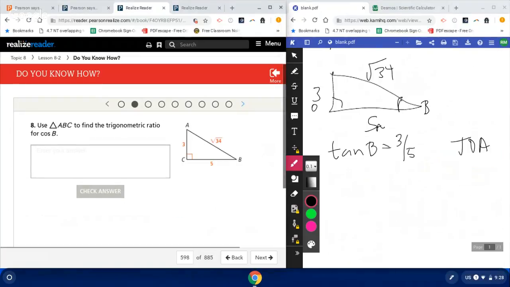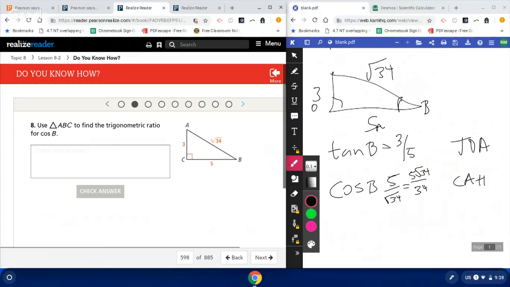So then they ask us to do the same thing, but now cosine of that. So cosine of B, cosine is adjacent over hypotenuse. So adjacent is 5 over square root of 34. And if you haven't figured this out yet, this ends up being 34 on the bottom, 5 square root of 34 on top.